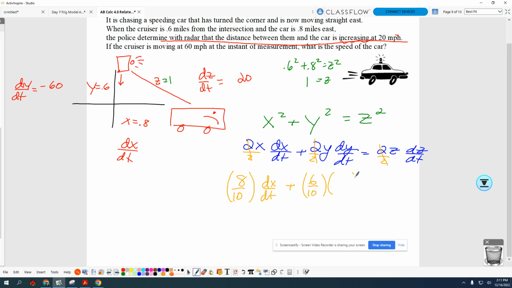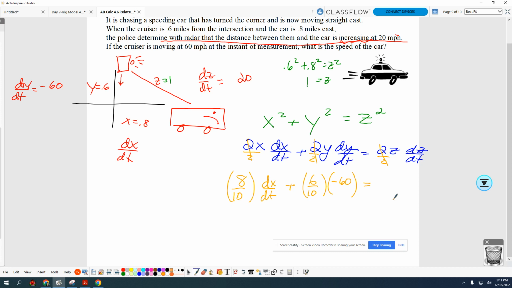Do I know dy dt? Negative 60. Do I know z? It's 1. They didn't give it to us, but by Pythagorean theorem, we could calculate it. Looking at the triangle, I could have figured it out.